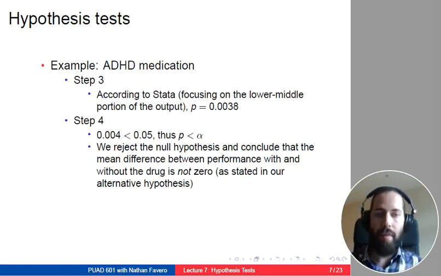It's a non-zero value, which is why we're going to accept that. In other words, we see a big enough difference here between how the children are scoring under the two different conditions that we're going to conclude that there is a real difference. It's not just due to statistical noise, that they're not scoring the same when they don't have the medication, when they do have the medication.